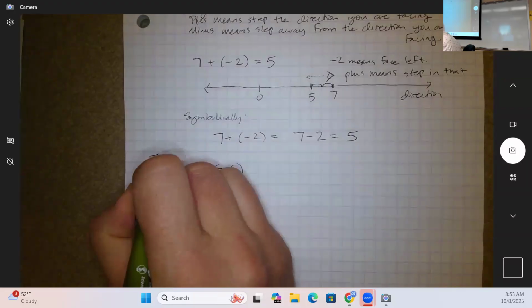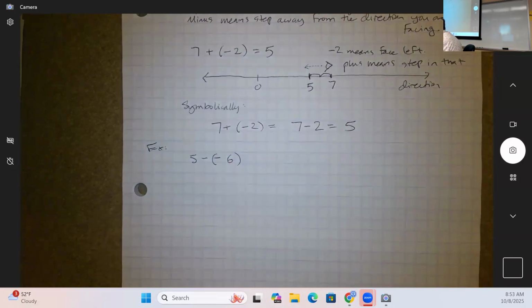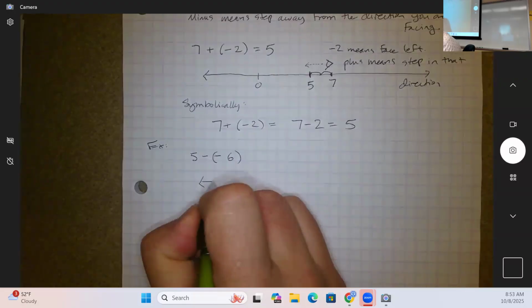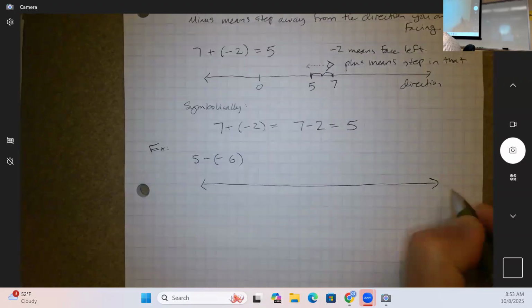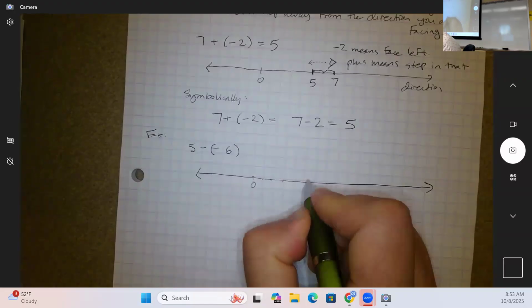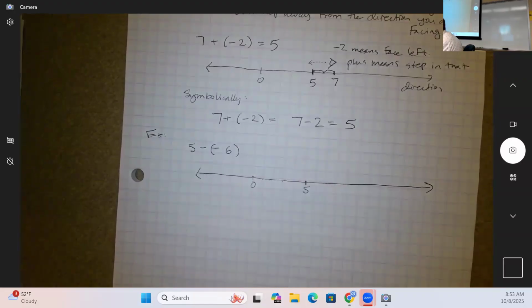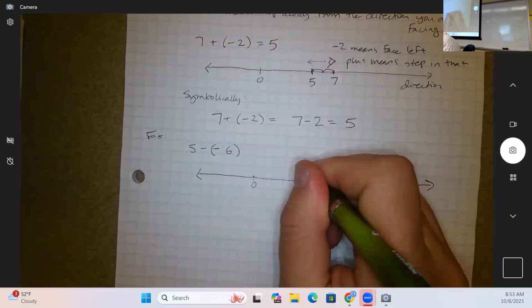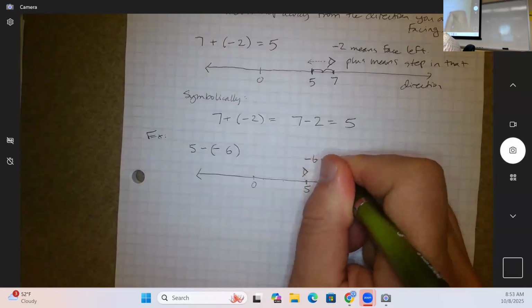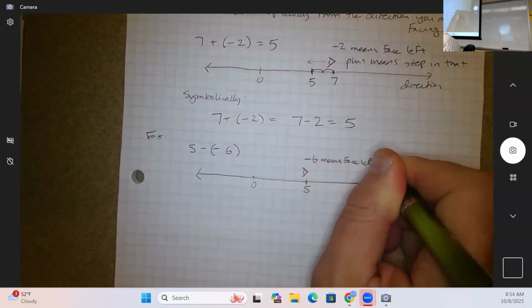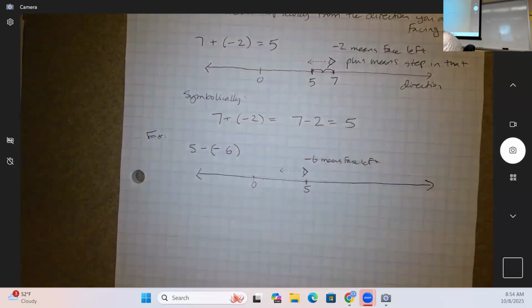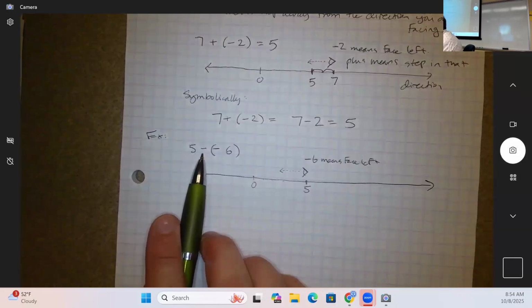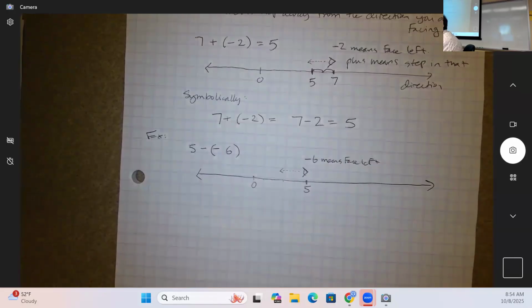Let's look at 5 minus -6. And we'll do it with the number line. Here I am at 5. I'm going to be working with what number? -6. So which direction am I facing? Left. So I'm going to face this way. -6 means face left. But I'm doing subtraction, so I'm going to step away from that direction.